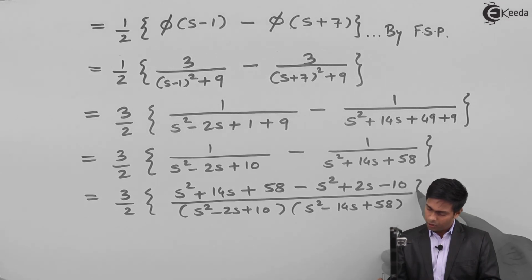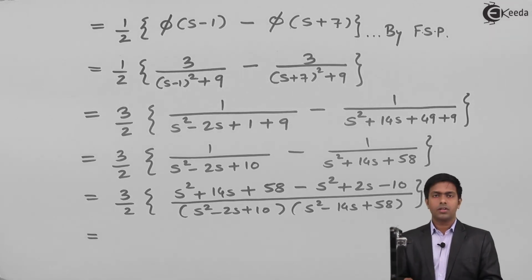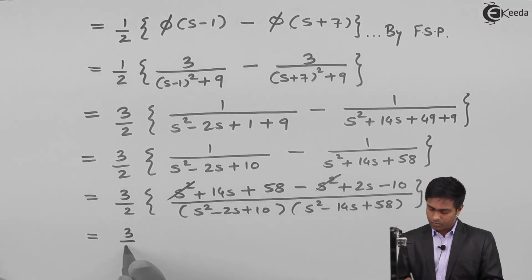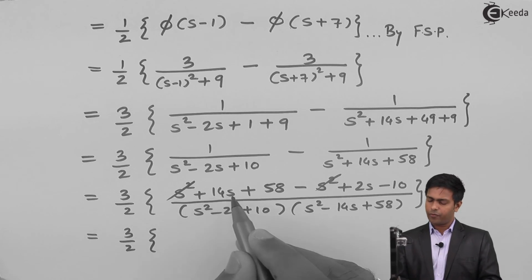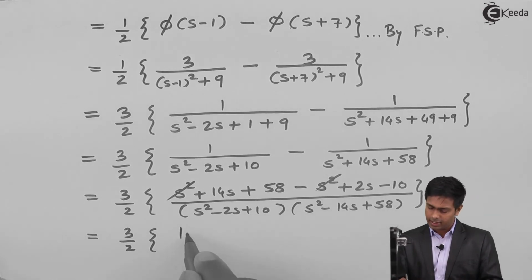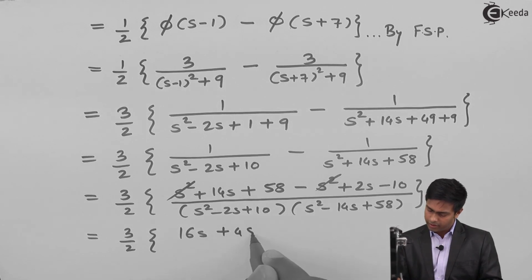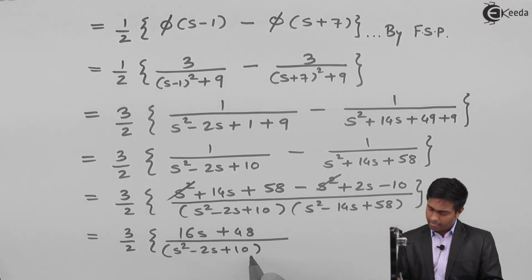Now by solving these terms, s square and minus s square will be cancelled. Here we'll get 14s plus 2s, that is 16s. 58 minus 10, that is plus 48, upon these two brackets as they are, that is s square minus 2s plus 10 and s square plus 14s plus 58.